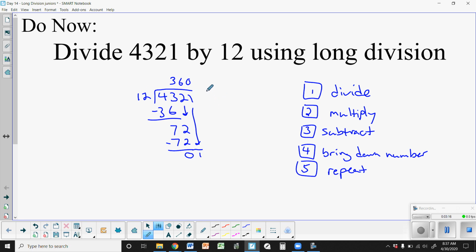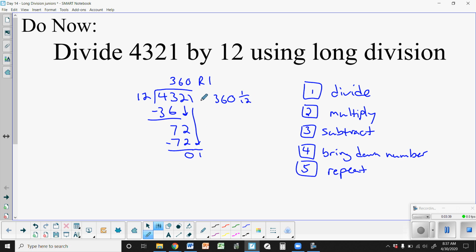We've written it like this before in math, remainder 1. But a remainder is really like writing 1/12. So it's 360 and 1/12. Instead of remainder, we can write 360 and 1/12.